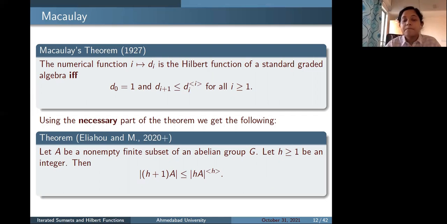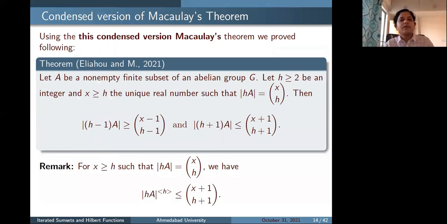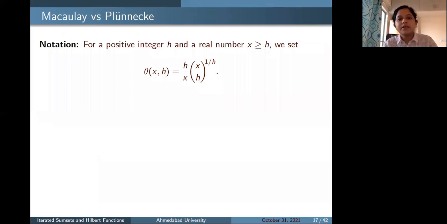Now, what will be the converse part of it? So I am considering it here.